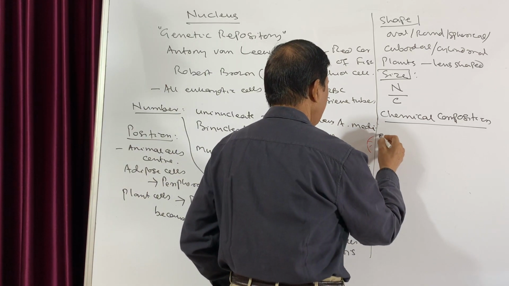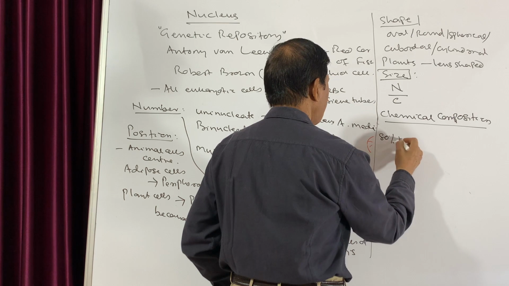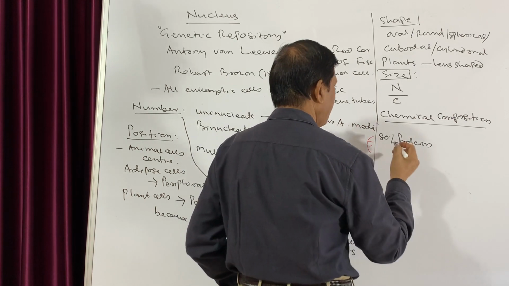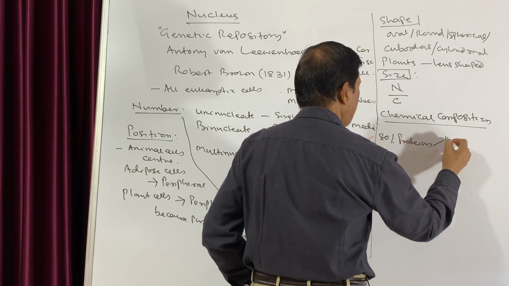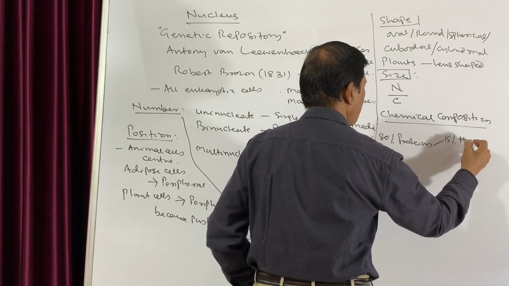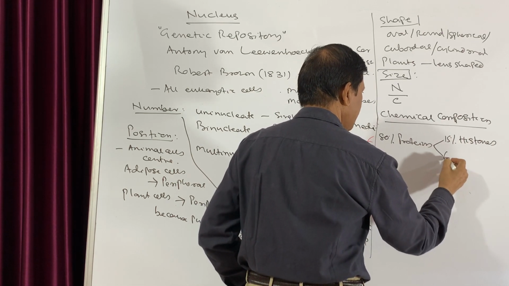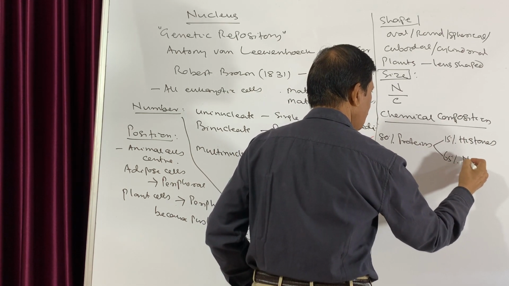That means 80% proteins are there. Out of this 80% proteins, 15% are histone proteins or histones, and 65% are non-histones.